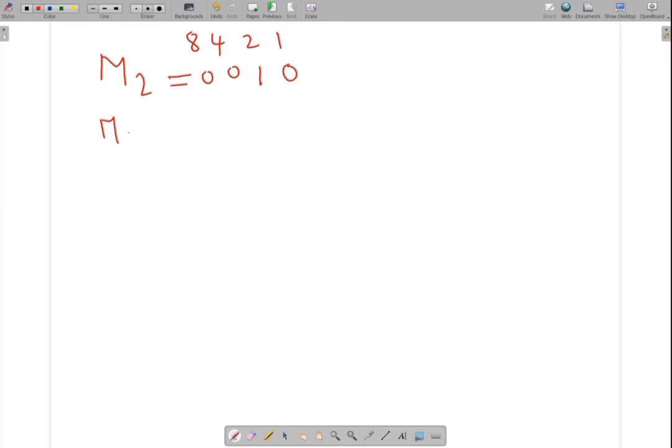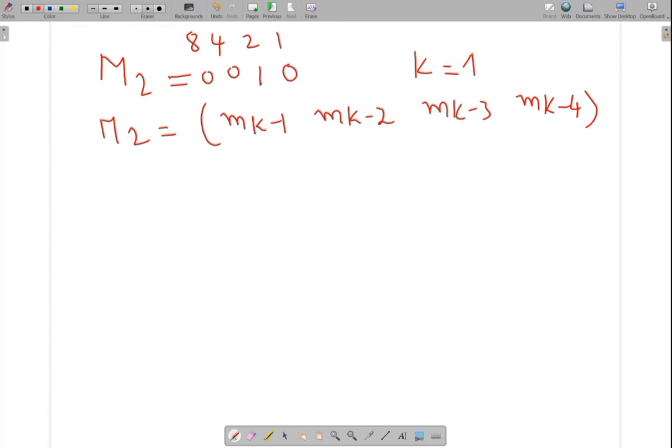The individual message m2 is represented as m k minus 1, m k minus 2, m k minus 3, m k minus 4, where k is equal to 4 for the (7,4) cyclic code: m3, m2, m1, m0.